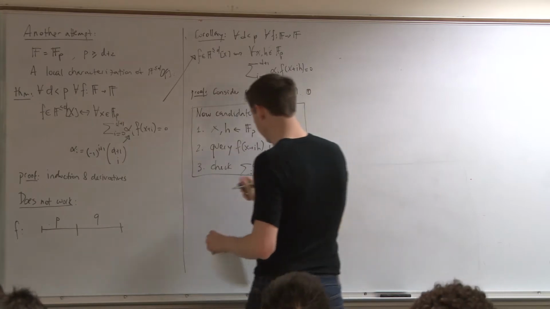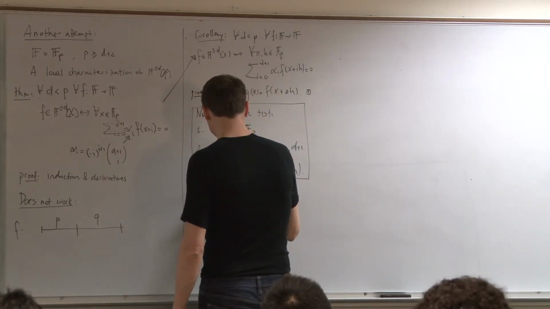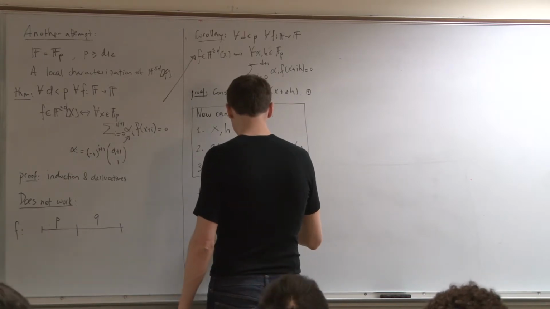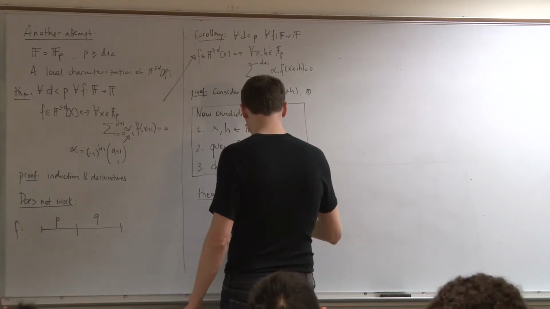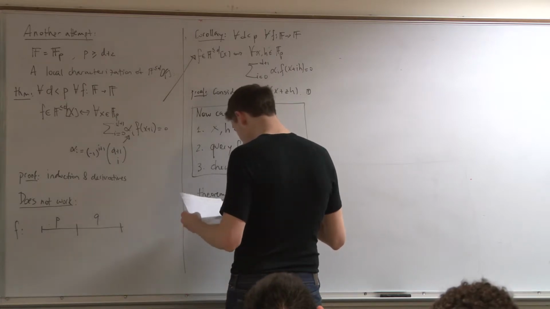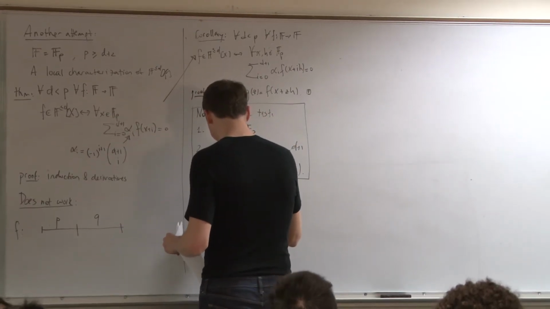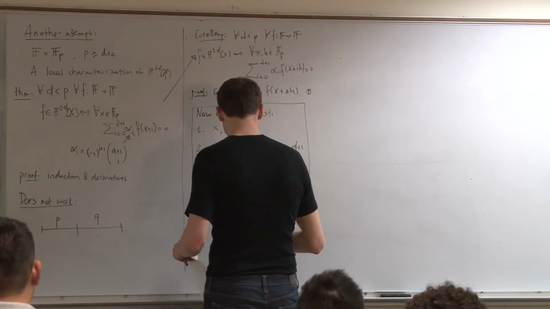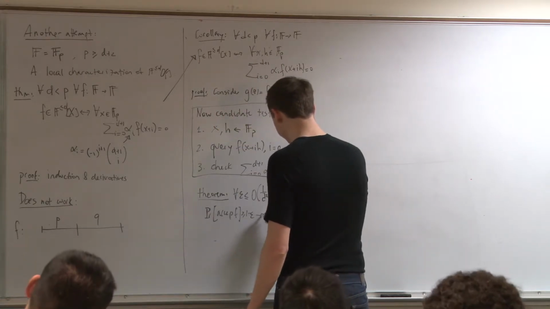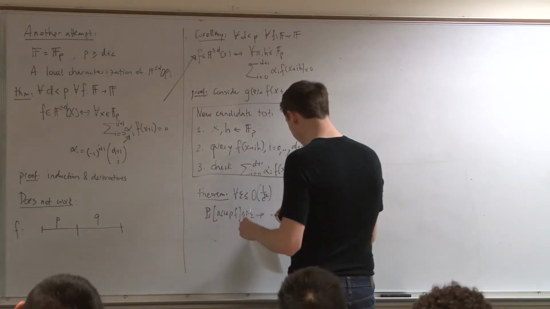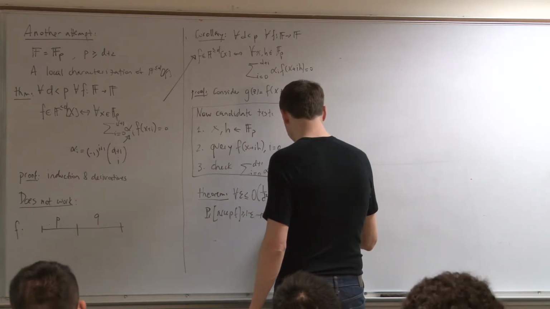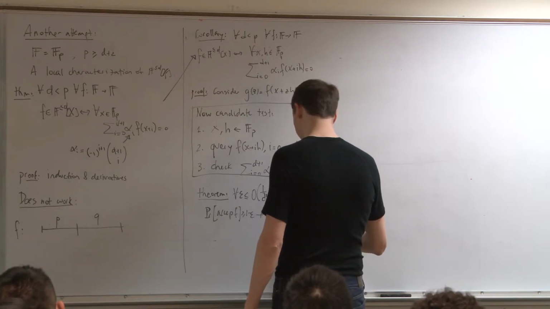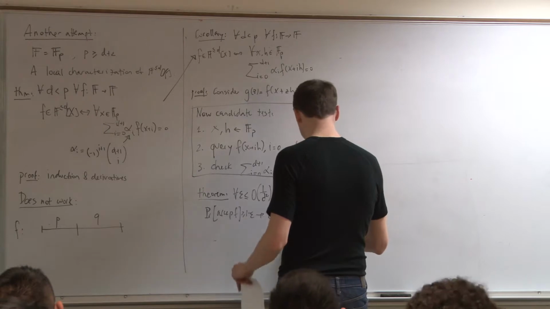Now the theorem that we're going to prove is that for every epsilon that is at most order of 1 over d squared, if the probability that we accept f is at least 1 minus epsilon, then the distance from f to low degree is at most 2 epsilon.